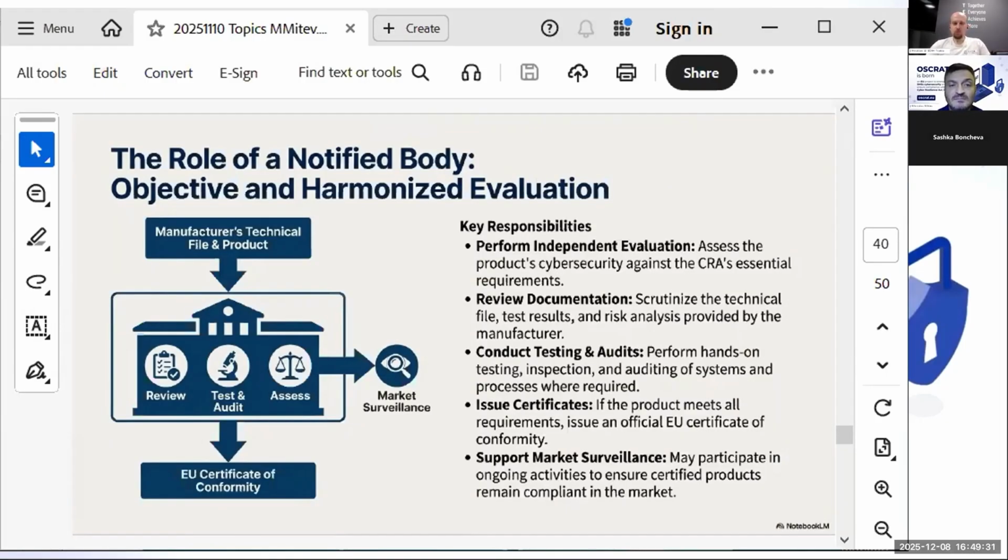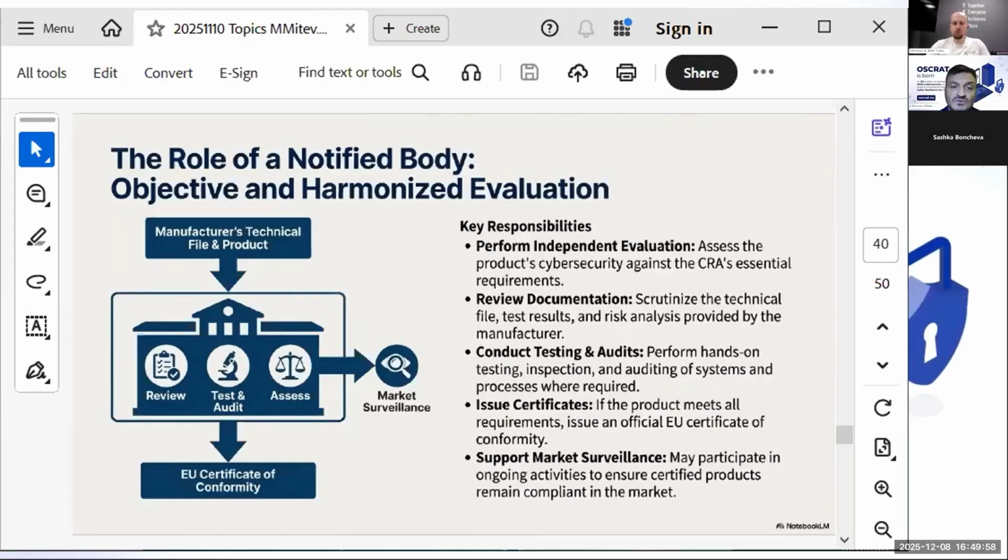The notified body reviews technical files, test results, and other documentation prepared by the manufacturer. In some cases, it conducts its own testing, inspection, or audits when necessary. If the product meets the requirements, the notified body issues an EU certificate of conformity.